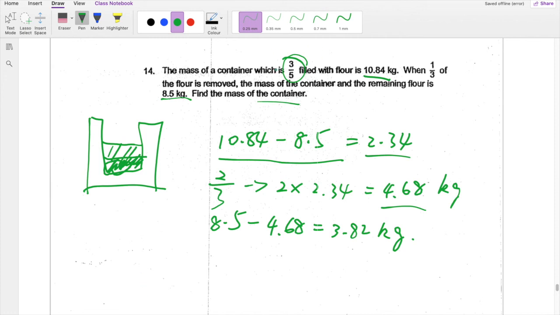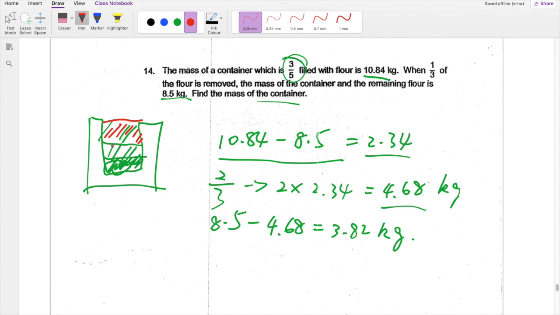And here maybe he asks, for example, what's the total mass if the container is filled in total, right? So can you calculate it? Because we see 3/5 of the container is filled, right?